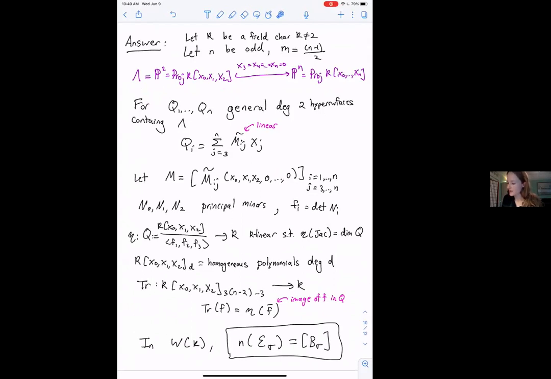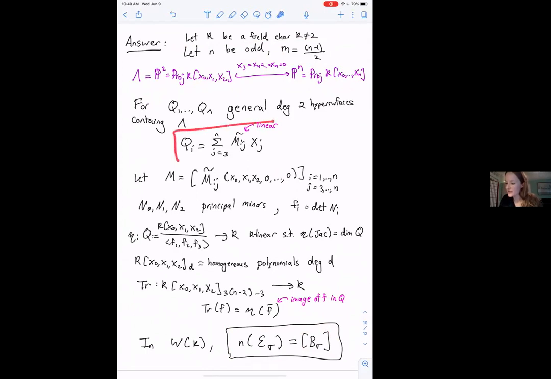So the excess bundle is going to be the class of a bilinear form B sigma. We're going to let n be odd, and m is just notation for (n-1)/2. The linear subspace, we'll say it has coordinates x0, x1, x2 in coordinates x0 through xn.